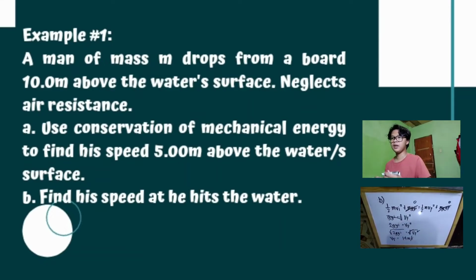Multiply both sides by 2 to cancel the 2, and we factor out g. We have now 2g times the quantity of y initial minus y final equals final velocity squared.